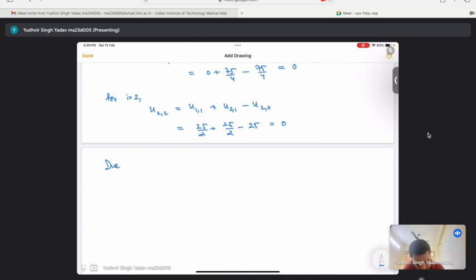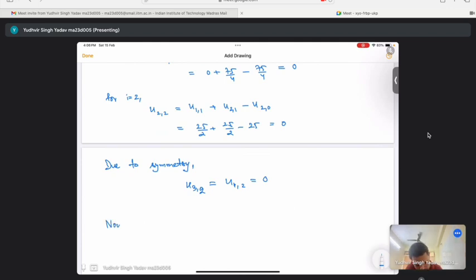So here we will write directly, due to the symmetry, one can say directly that the solutions at u(3,2) and u(1,2) can also be obtained as 0 only. So these are the required solutions at time step 2.